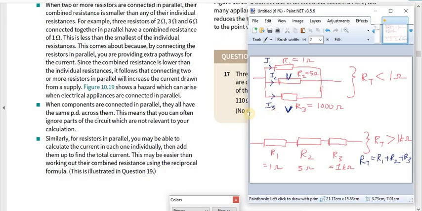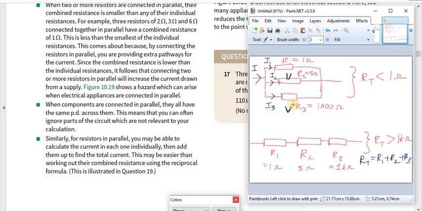So what this point means is, you may be able to calculate the current in each one. The total current entering this point is equal to, let's say, I. And we know the total current I is equal to I1 plus I2 plus I3.